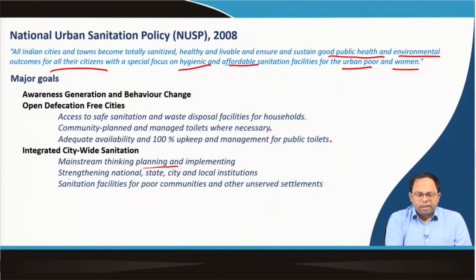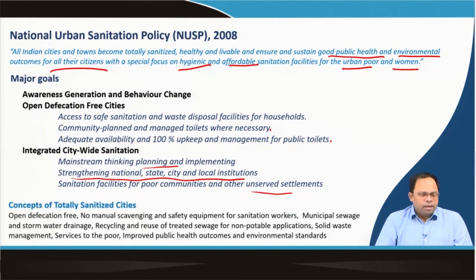And we are thinking about strengthening our different institutions, both state, city and local institutions, by building up capacities in those, and then sanitation facilities for poor communities and other unserved settlements. So, this actually will lead to the concept of fully sanitized cities, where we not only plan for just sewage treatment, but we plan for recharge, we plan for reuse and everything else.